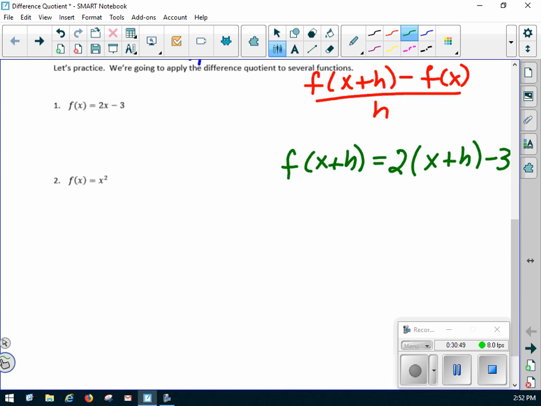An x plus h. So f of x plus h is going to be 2 times x plus h minus 3. Minus f of x. What's f of x? But I'm subtracting the whole thing, all over h.